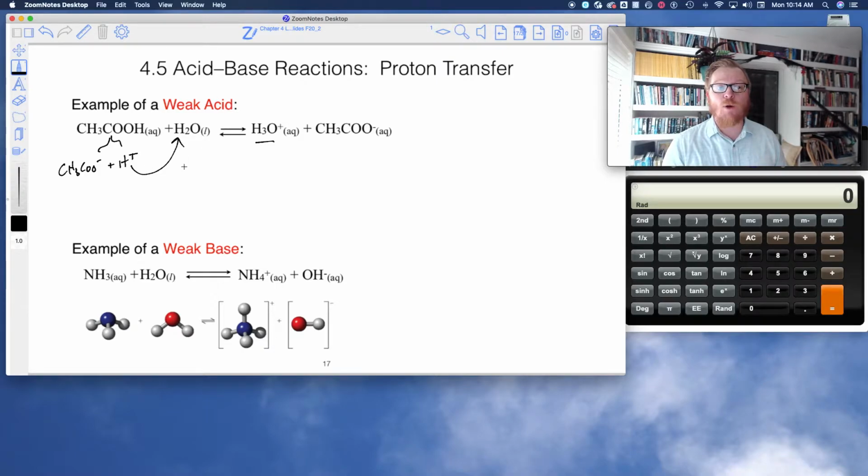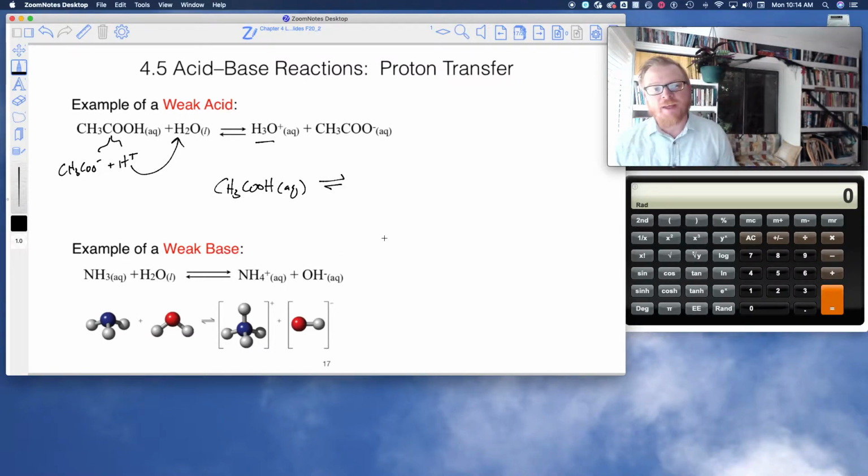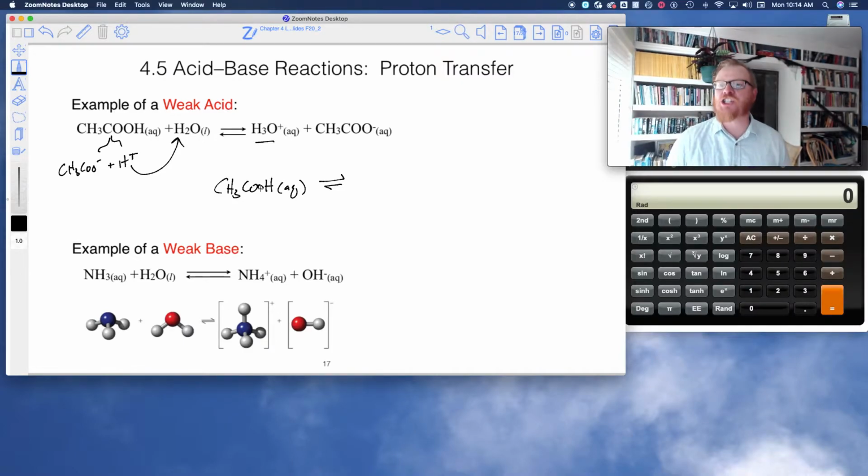So now when I go to write the shorthand notation of this reaction, it's really important to note that I have to keep the CH3COOH together, even in my shorthand reaction that later I'm going to call the net ionic equation. I have to keep this together because since it's a weak acid, not all of it is dissociated. In fact, the vast majority of it is undissociated.